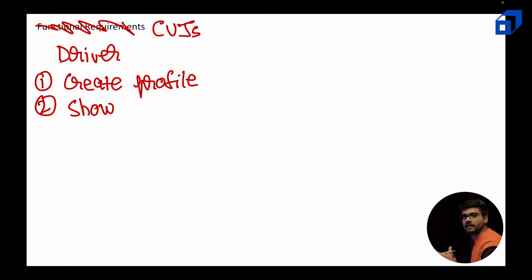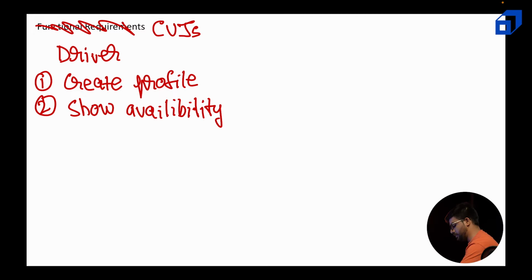Please give me rides if they are available in the nearby location. Next, they have an option to accept or reject the ride whenever they get a notification that, okay, some user in the nearby location is asking for a cab service. So, accept or reject a ride.